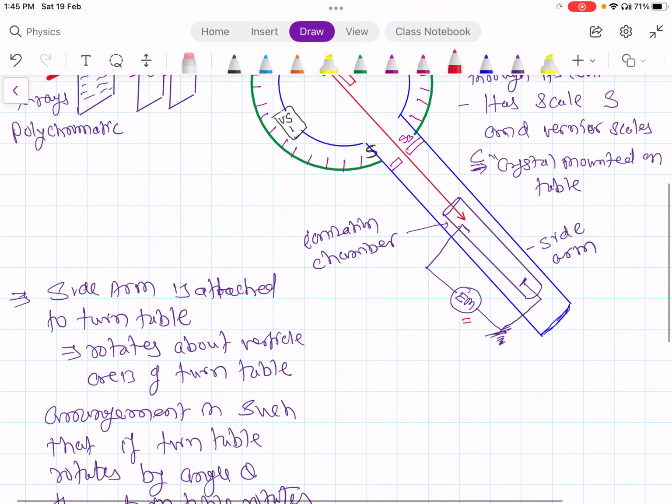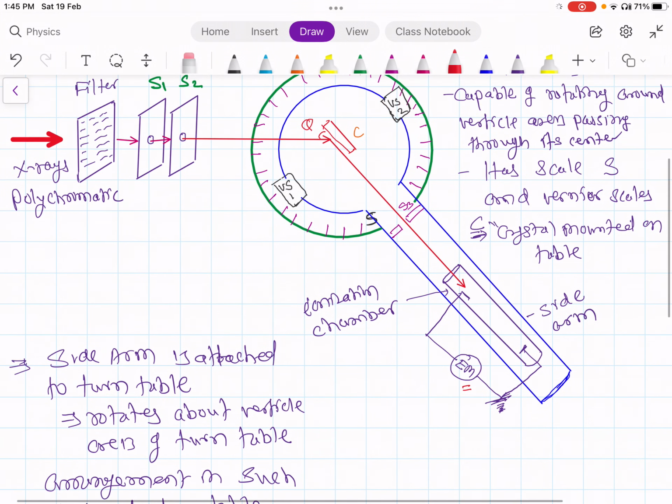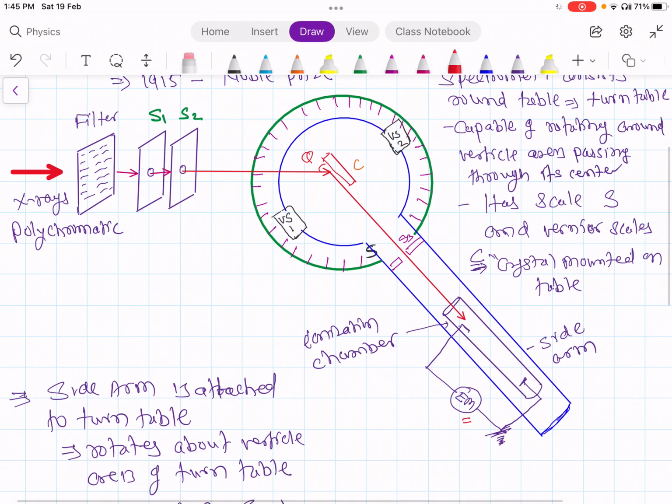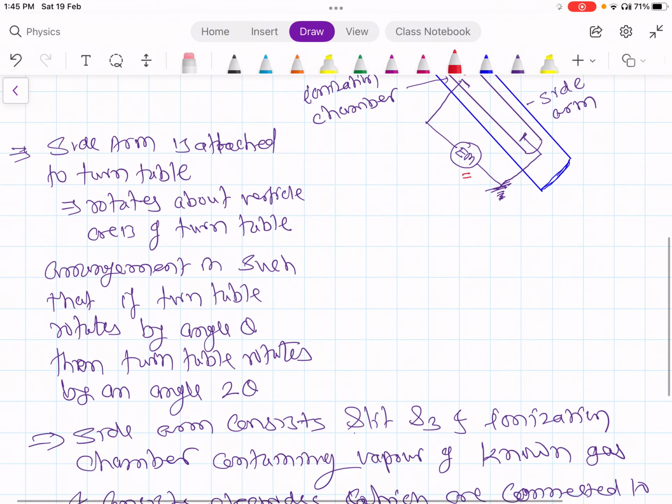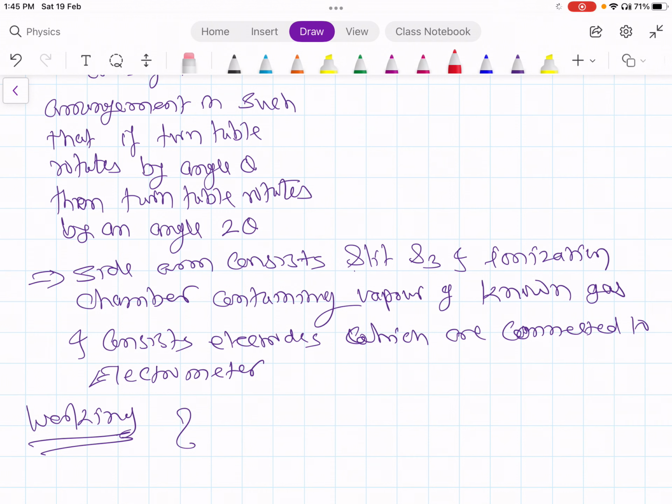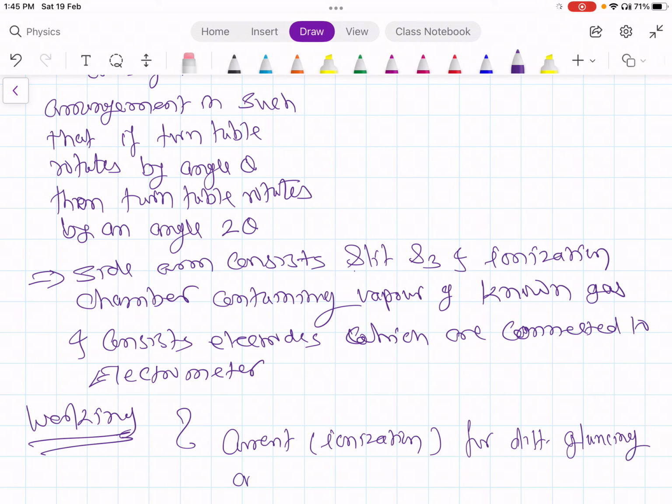Then by rotating this turntable, we can find the ionization current for different glancing angles.